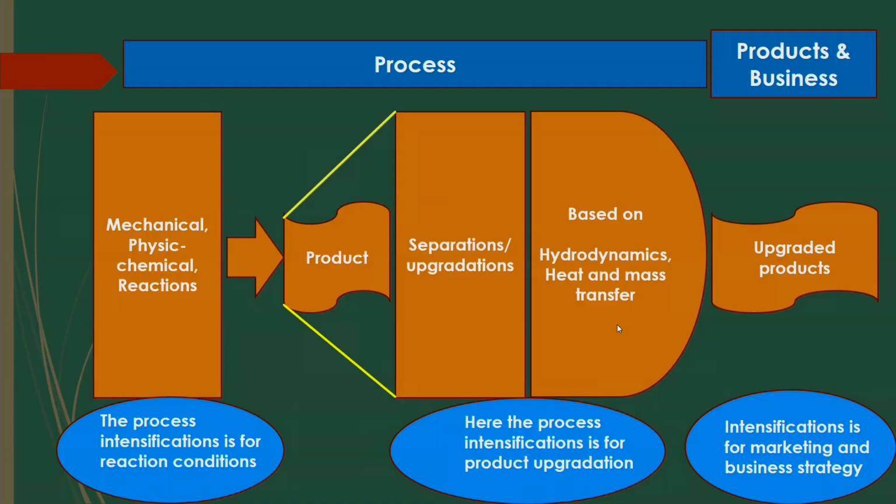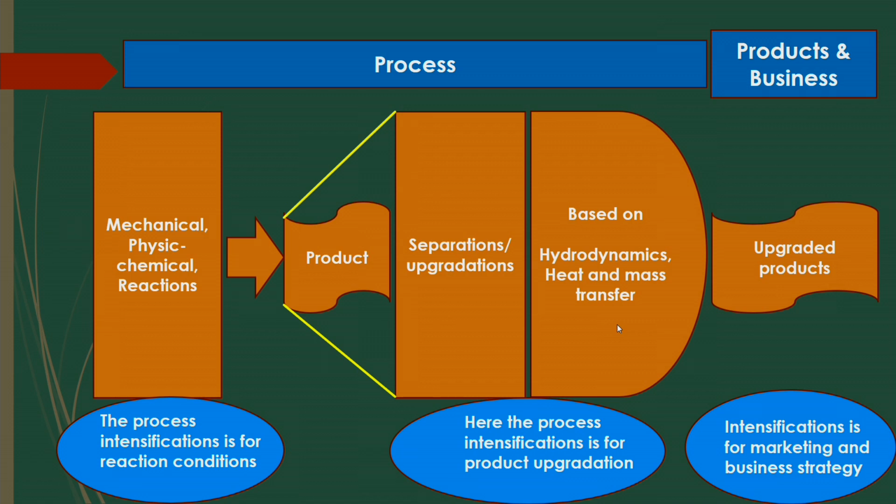And here, whatever process we are talking about for process intensification and to get these products, you will see there are different processes: mechanical processes, physico-chemical processes, even reaction processes. Those processes may occur simultaneously or in an integrated way, or may happen individually.